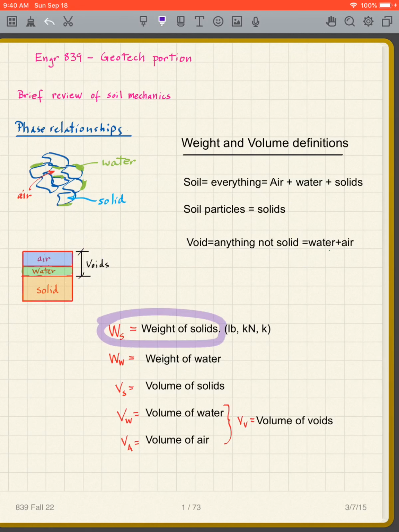Symbols: WS is weight of the solids, WW is weight of the water, V sub S is volume of the solids, V sub W is volume of the water, V sub A is volume of the air, V sub V together is the volume of the water plus volume of the air, which is the volume of the voids.